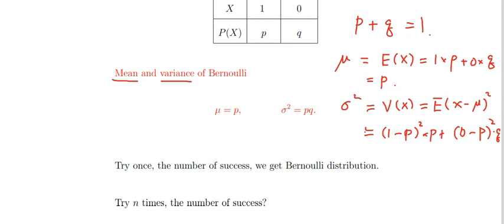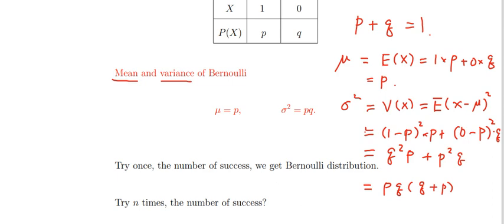Then we simplify a little bit. 1 minus p is actually q, so this is q square p, right? Plus, 0 minus p squared is p square q. And here we can take pq outside, pq times (q plus p).